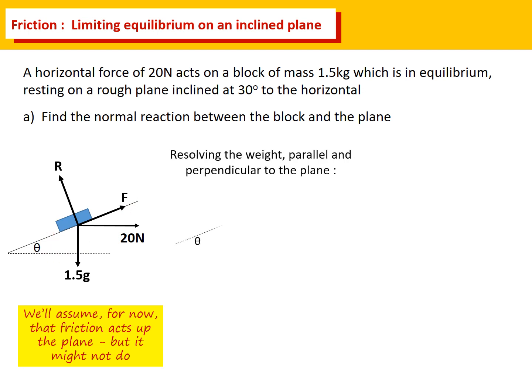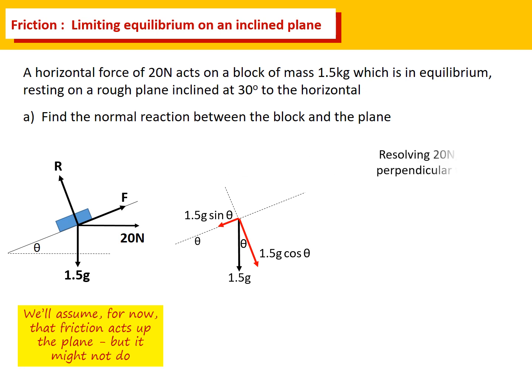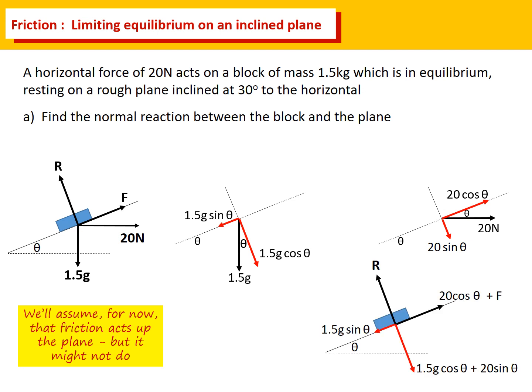So let's resolve the weight into its two components. Let's do the same for the horizontal 20 newton force. So that's theta, so up the incline will be 20 cos theta, and into the incline is 20 sin theta. So now those are the forces on the object.